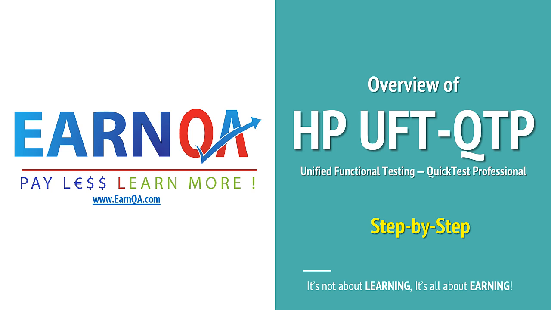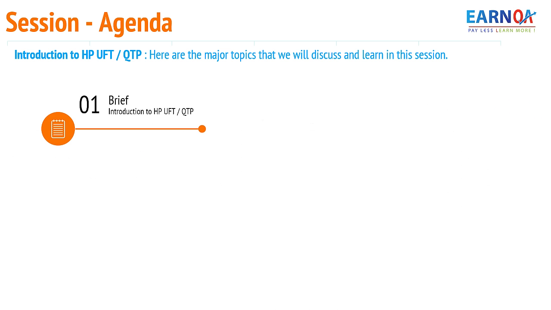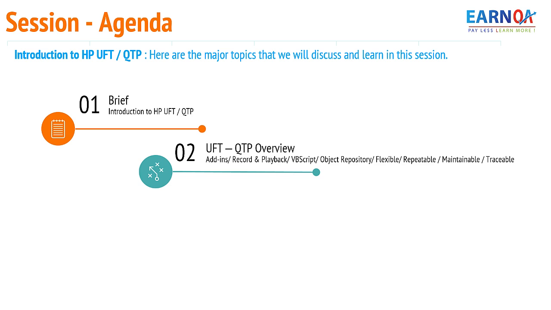Let's get started. The agenda in this session is, I would again talk about the fundamental brief about QTP, and then I would talk about the complete layout, the add-ins, the record and playback, where does the VB applicable, what is object repository, what is the keyword view, what is the export view, what is the data table, what is the available keywords panel, what is the solution, what is the toolbox.